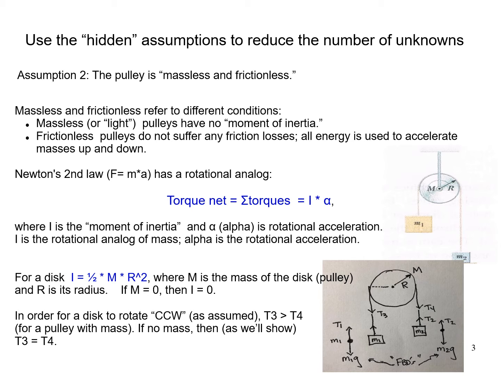Alpha tells us how fast the RPMs, the revolutions per minute, of the pulley are changing. The intuition is this: the more torque applied to an object, the greater will be its angular or rotational acceleration. These torques are moderated by the object's resistance to motion, which is captured by I.